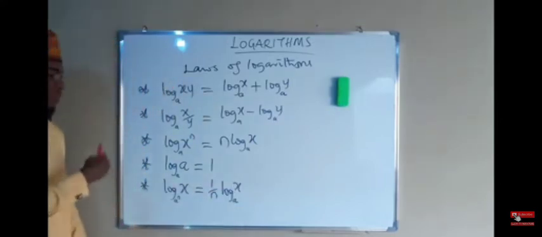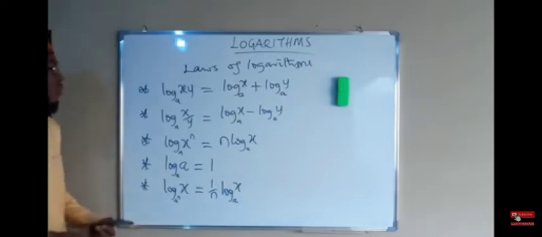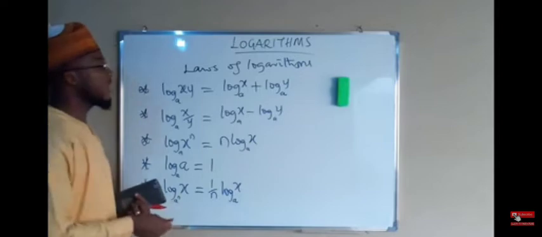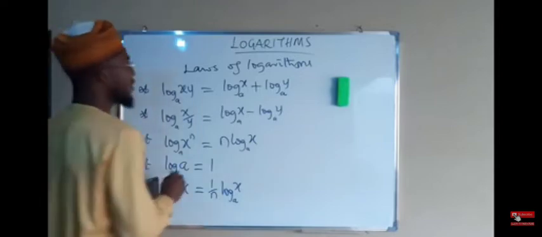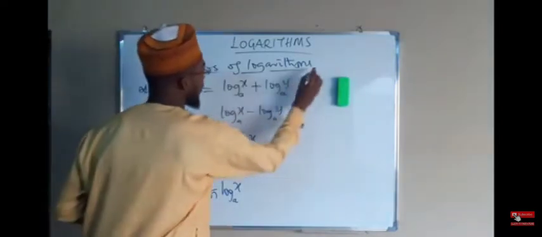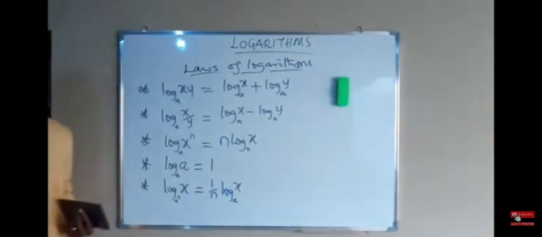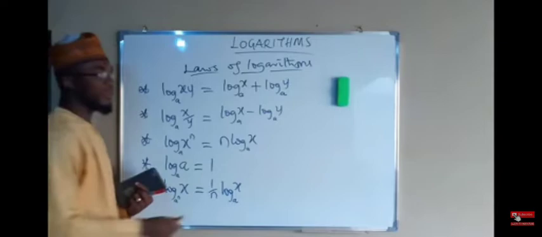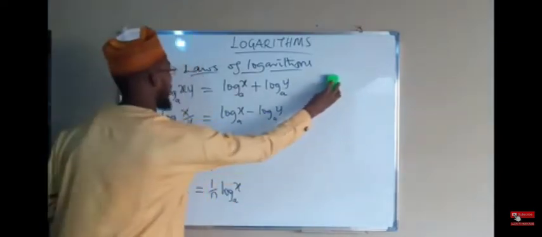So these are the basic laws you need to know, and we are going to apply them in our subsequent examples. But for now, let's begin with elementary examples before we move on to applying some of the fundamental laws.